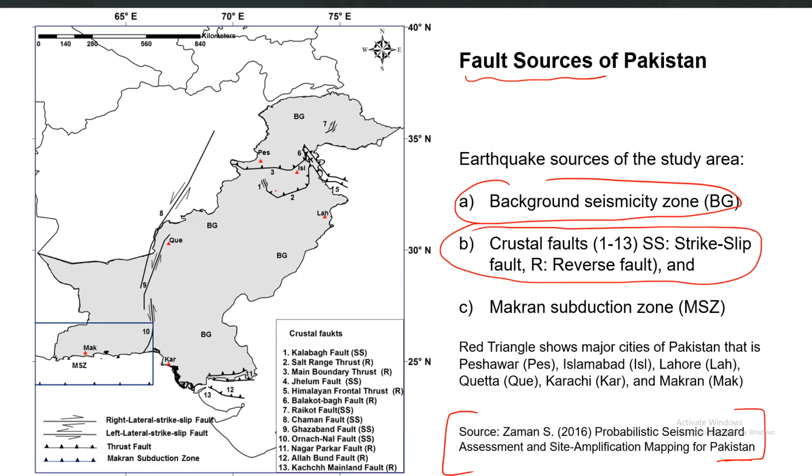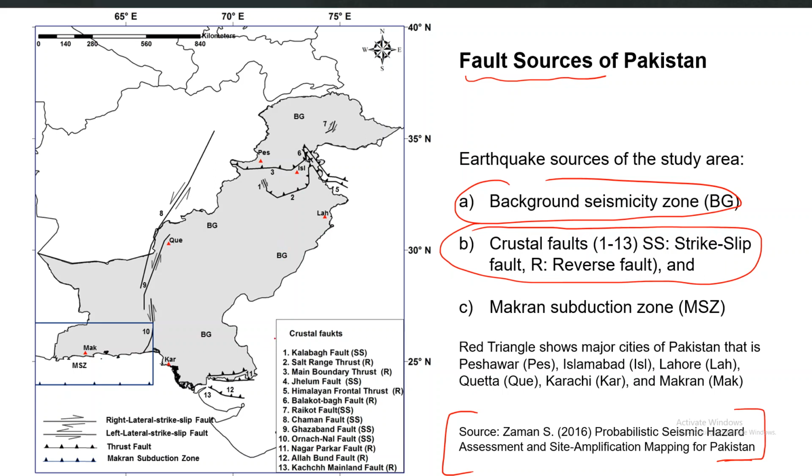The major crustal faults for which the slip rates and other fault geometry and characteristics are available were explicitly modeled in this study and combined with the background seismicity, or the area source zones, to forecast the future hazard level in the country.